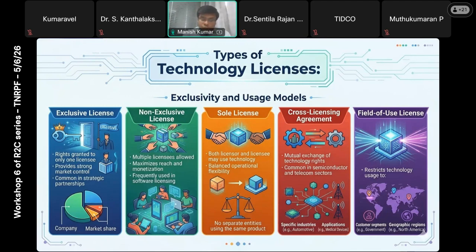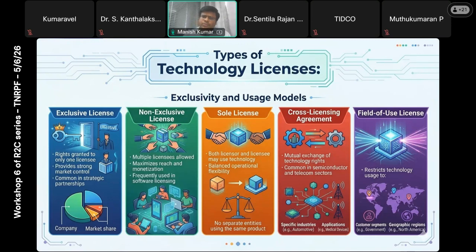But if you can create these materials, you can sell it to some other industries also, in which these parties are not interested. So you can also negotiate a sole license where they can do commercialization, and you can also do commercialization. This can also be divided when you want to do a field of use license. So you can tell them you can only use it in motors, and I can give it to others, or I can do it myself for any other field of use.